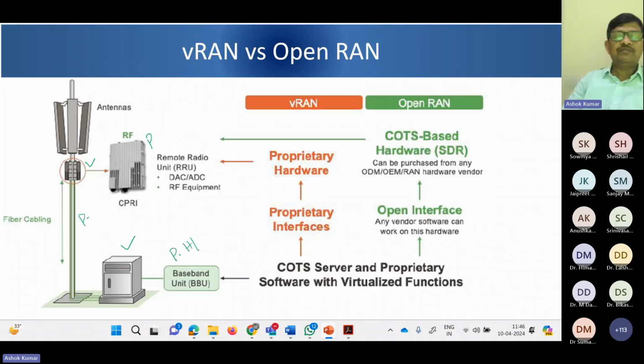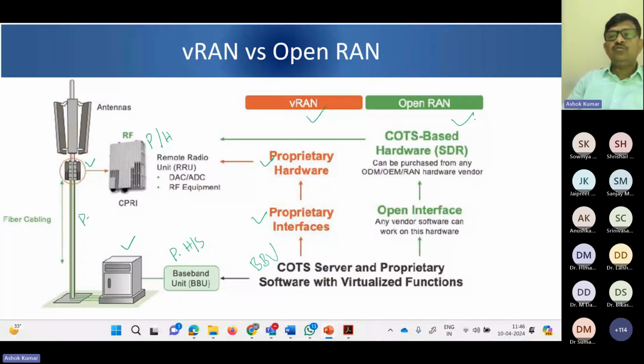In the case of a vRAN, what changed was that everything was proprietary, but the BBU was virtualized, using COTS hardware and software for the BBU. So that was virtual RAN.